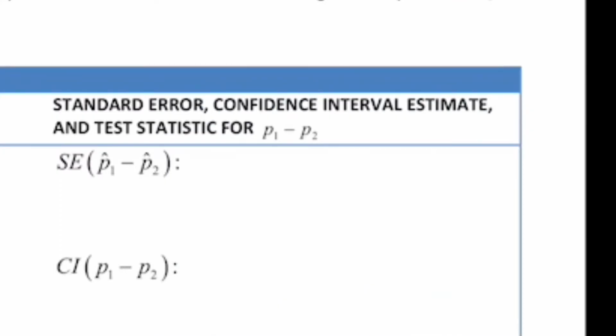Now the standard error for the difference between these two proportions is just put an equals here, the square root of. Now if you remember, the standard error for just one sample was the square root of P hat Q hat over N. So now that we have two, we're going to put the standard error for the first sample proportion plus the standard error for the second sample proportion.